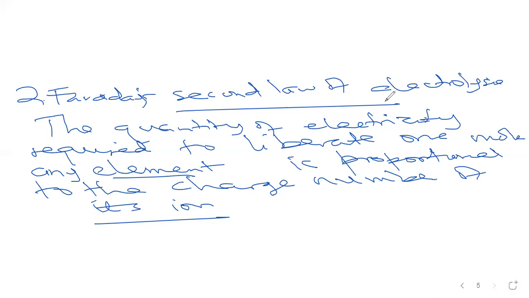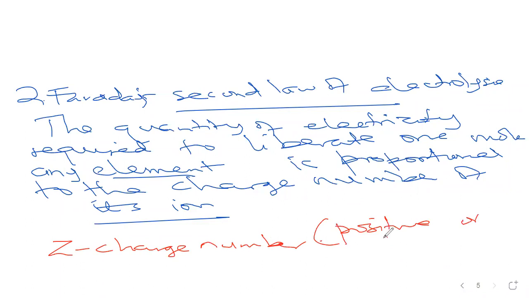What do we mean by this? Or what did Faraday mean by this? He denoted the charge number on any element by a letter Z. This charge number can be positive or negative, depending on the element.